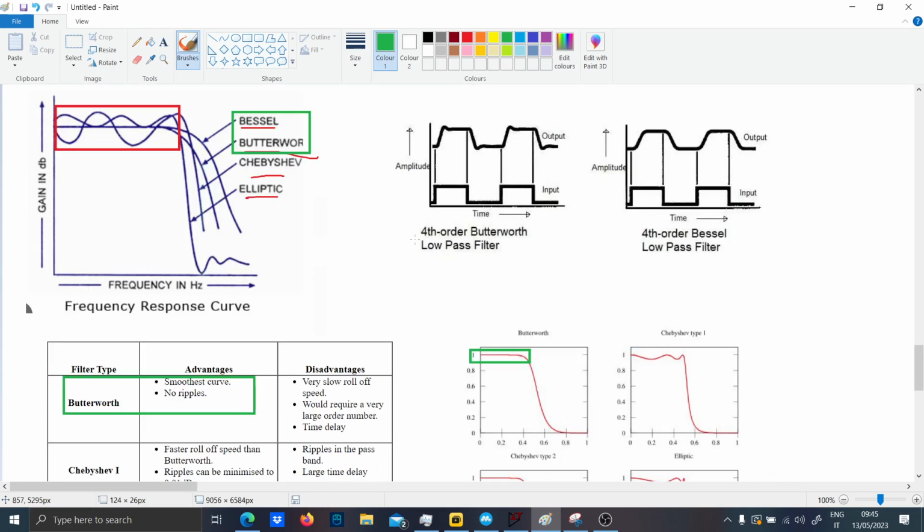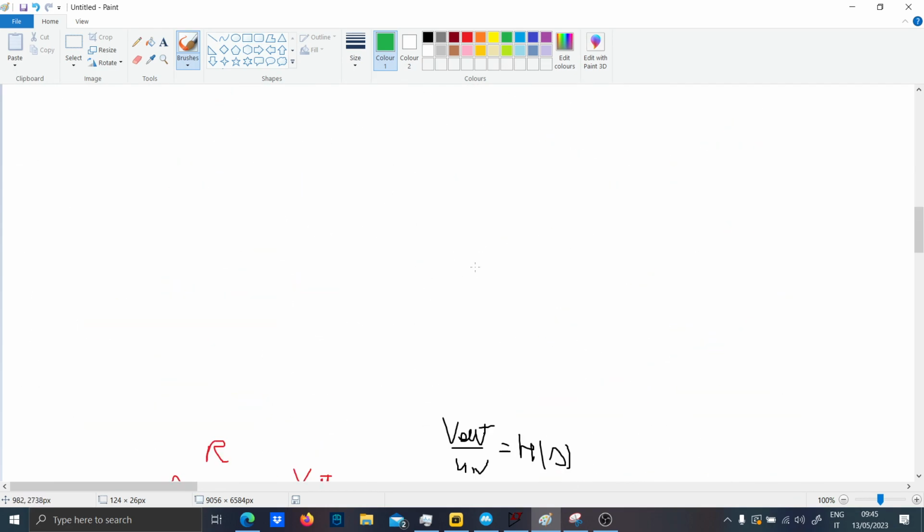For instance, whenever you want to read, let me explain an example. You for instance have a buck converter.